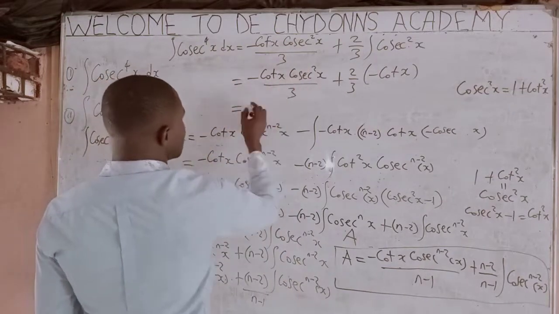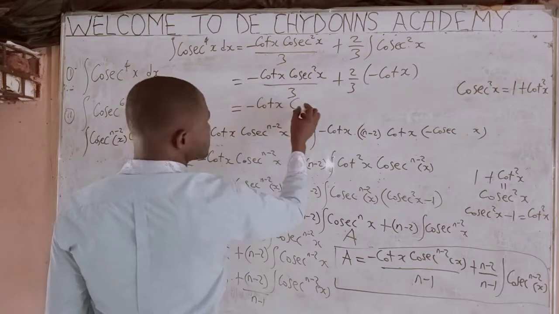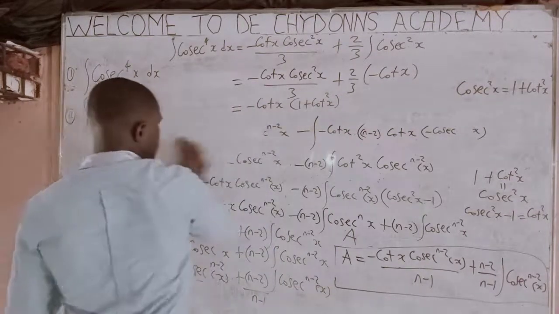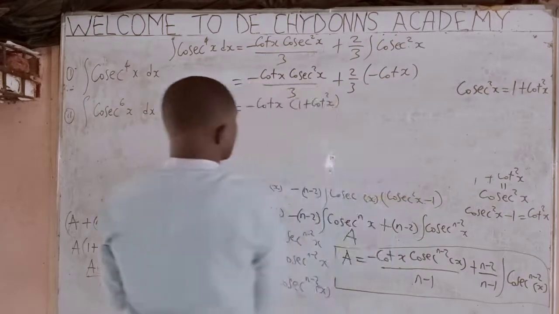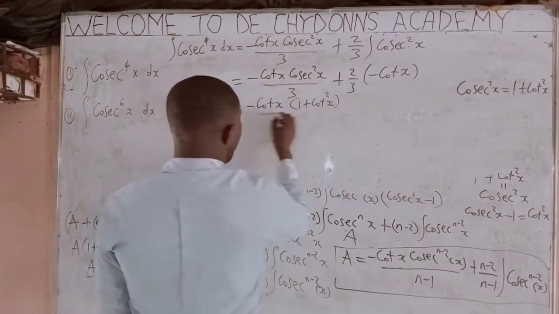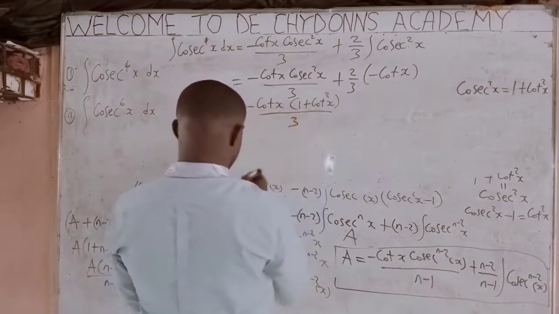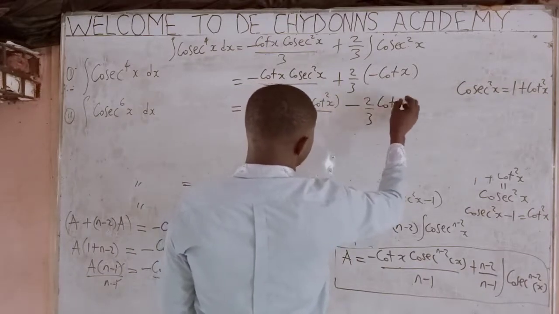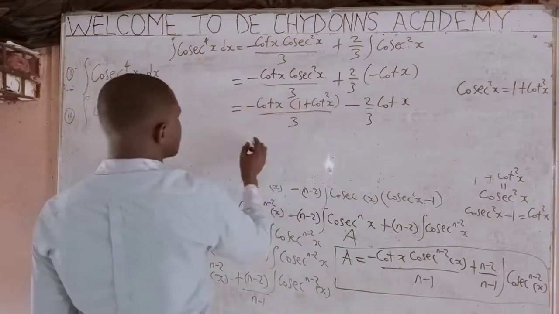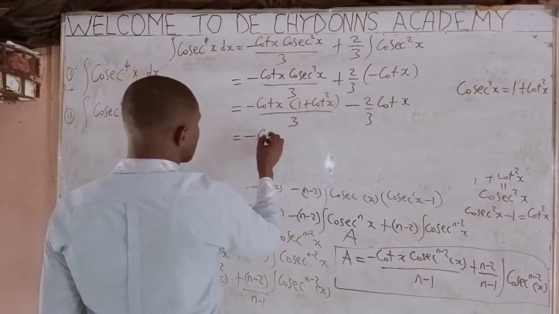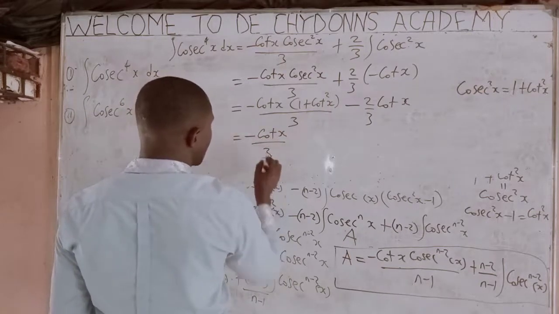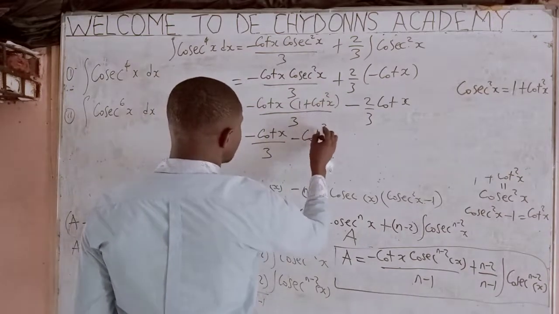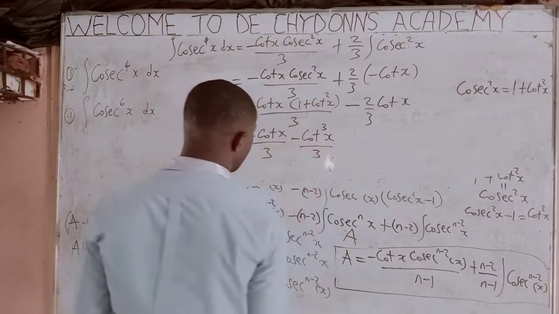That will be giving me minus cot x bracket 1 plus cot squared x all over 3. Then this is minus 2 over 3 cot x.